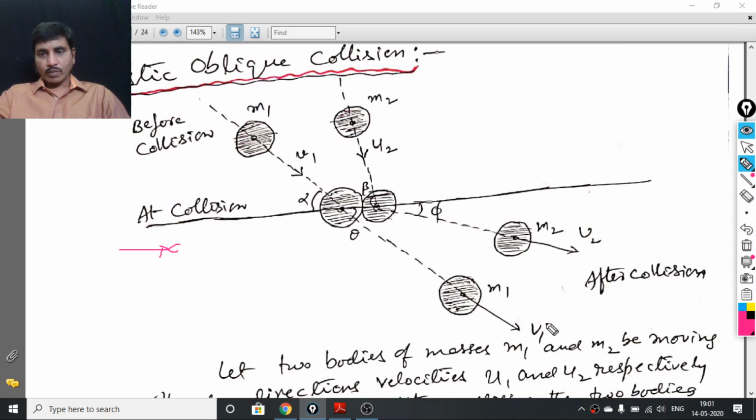After collision, the component of v1 along the x-axis is v1 cos theta, along the negative y-axis v1 sin theta. The component of v2 of the second particle along the x-axis is v2 cos phi, and along the negative y-axis the component of v2 is v2 sin phi.